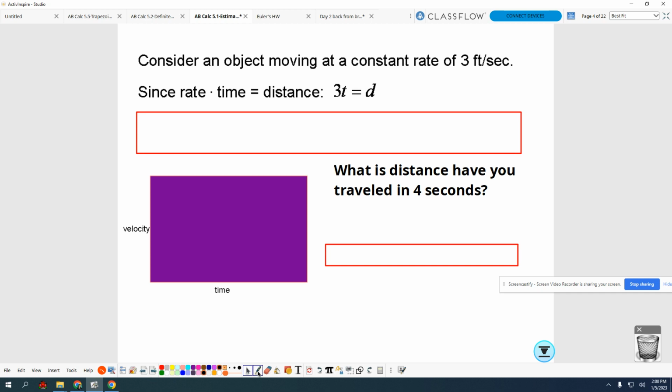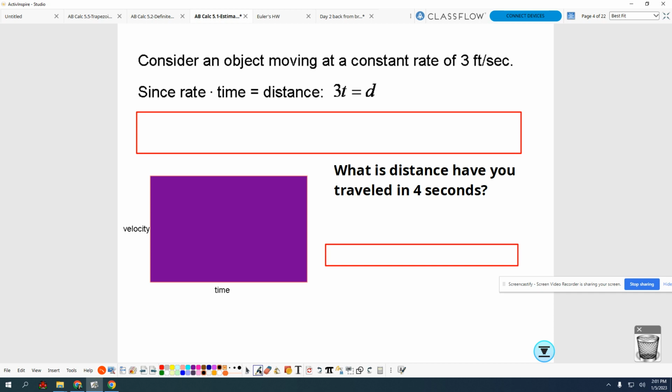But here's my one and only attempt at explaining why doing integration is really just finding areas. Let's say we have some object.